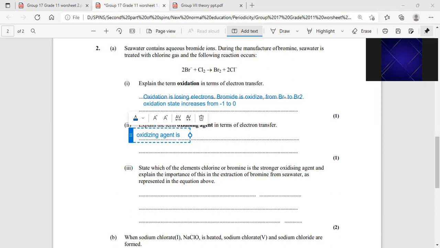Okay. So oxidizing agent is a substance that causes other substance to oxidize.